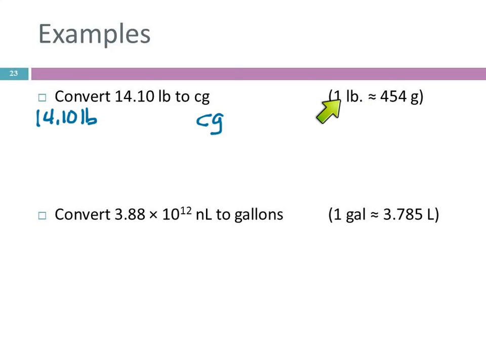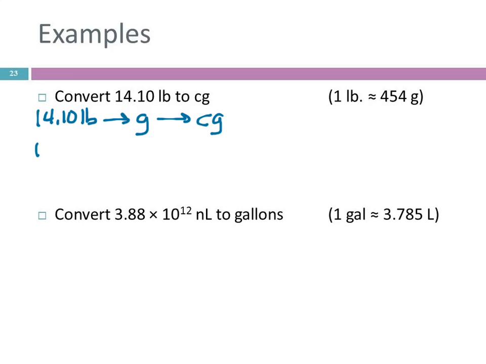We have this relationship between pounds and grams. So when we're looking at this, we say, I don't know the relationship between pounds and centigrams. This is over here, maybe I should use it. That would allow us to go from pounds to grams. So let's try that. Can we go from grams to centigrams? Sure, that's a metric conversion. We just need to know what the prefix means. So there we have our path, our map.